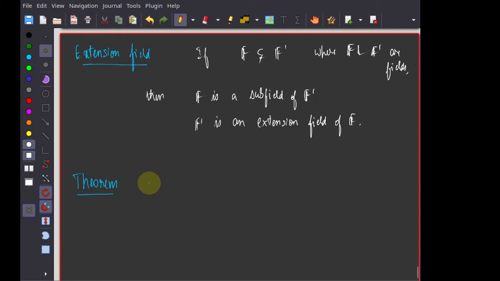So basically you take any field F, and you look at the ring of polynomials over it, basically the set of all polynomials with coefficients from F, and take any irreducible polynomial.